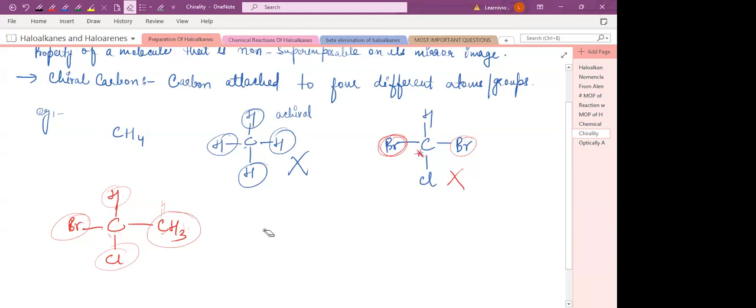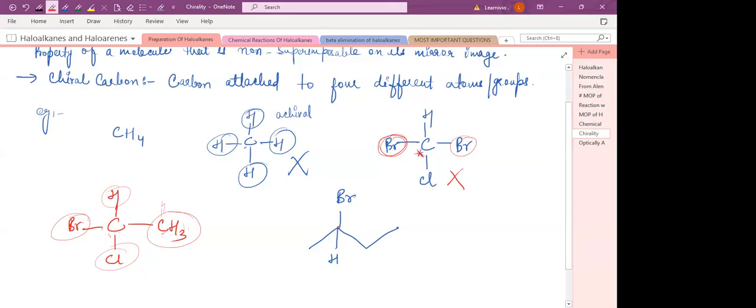Okay, let's do some questions. Suppose this is your molecule. Now see, this is a molecule. You have to check which carbon is chiral.